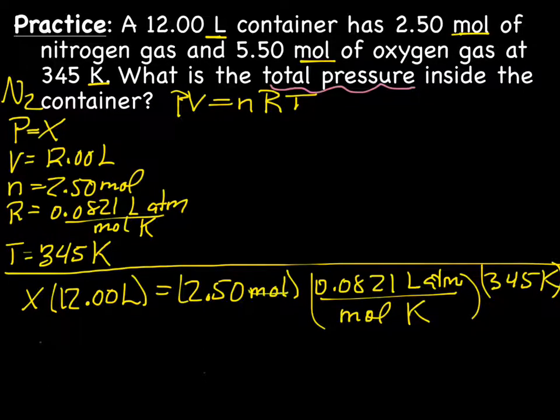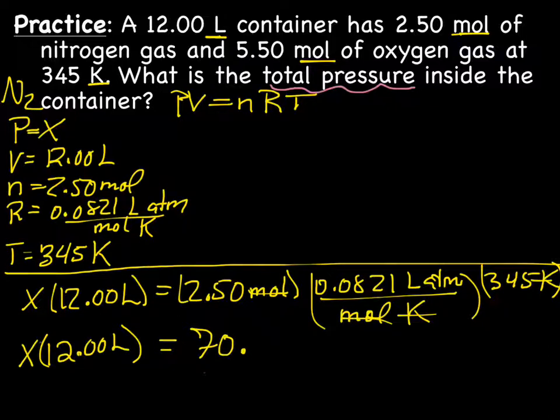We can get rid of mole and K. So now we have X times 12 liters equals 70.81125 liters atm.